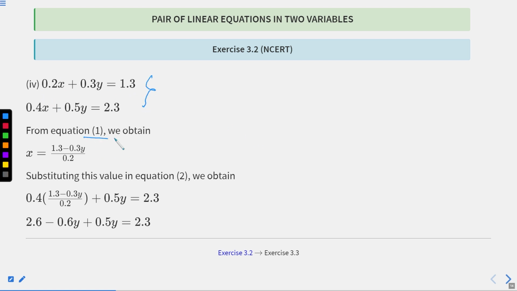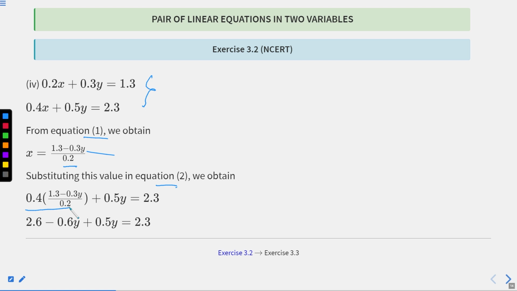From equation 1 we obtain x equals (1.3 minus 0.3y) divided by 0.2. Now substituting this value in equation number 2, we obtain 0.4 times (1.3 minus 0.3y) divided by 0.2 plus 0.5y equals 2.3.